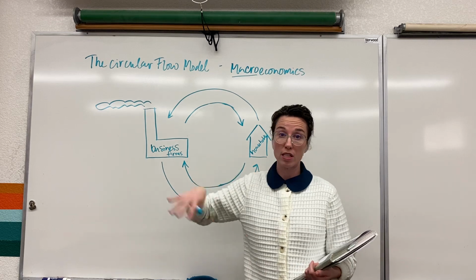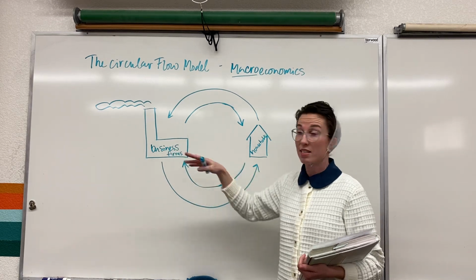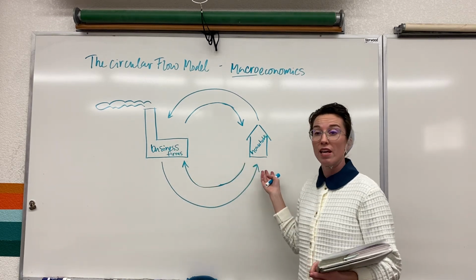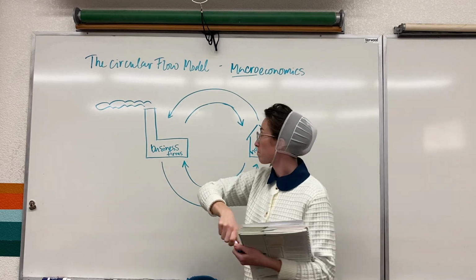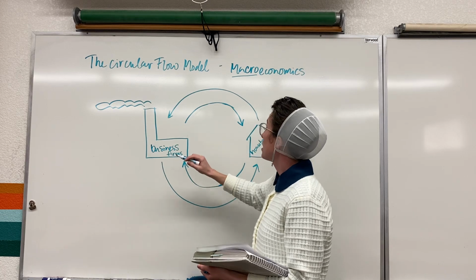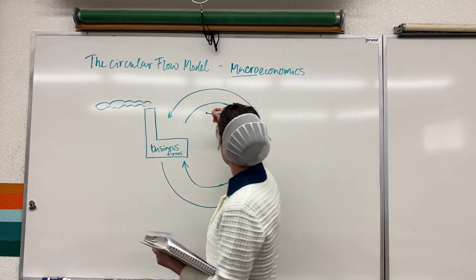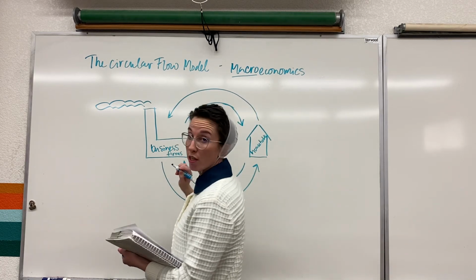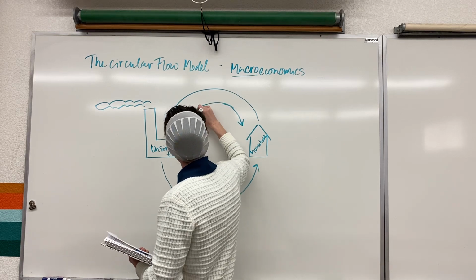All the goods and services that a business sells, and they sell them to households or to individual people, all right? So all the goods and services that business firms sell, that's called the GDP, or gross domestic product.